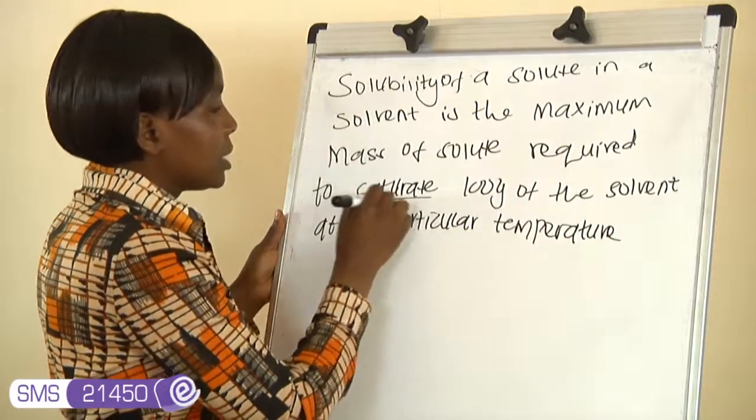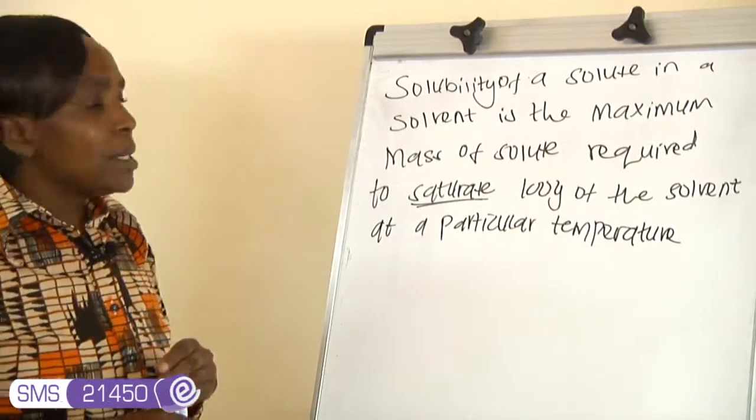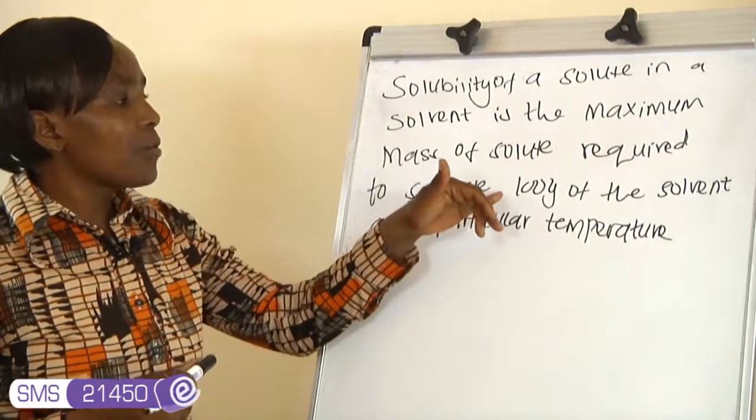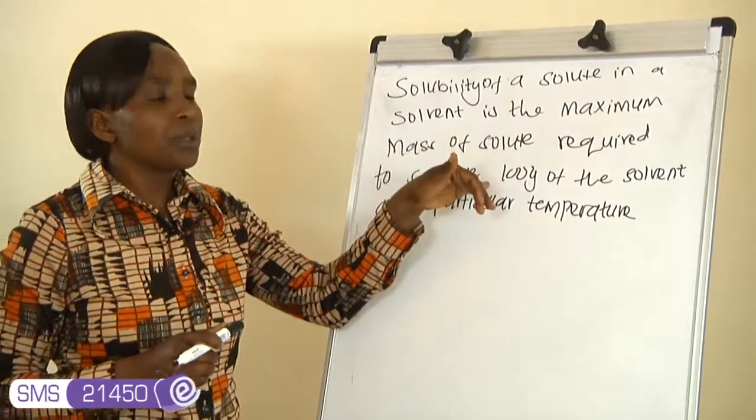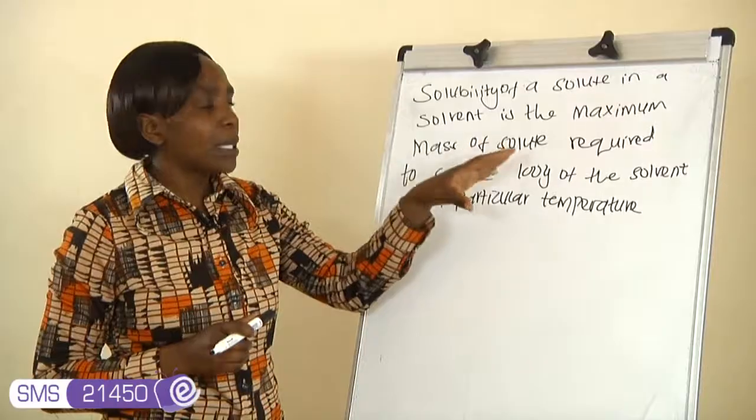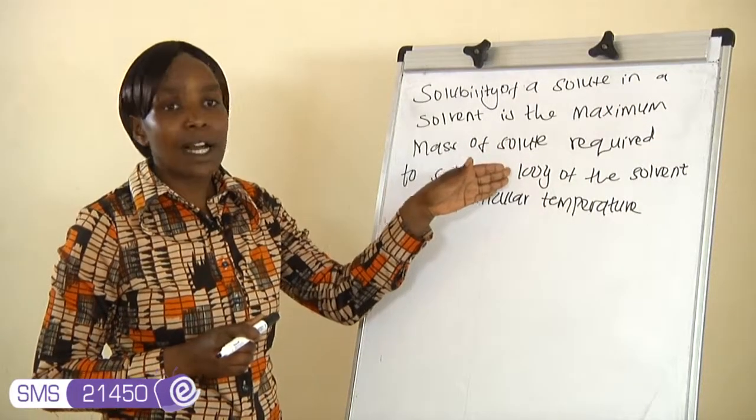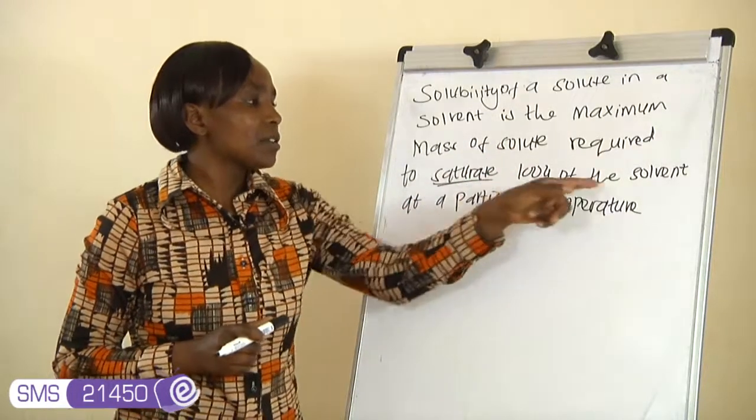Maybe the word I did not explain is saturated, meaning that it cannot dissolve anymore. More solute cannot be dissolved. So when it has become saturated, it cannot dissolve anymore in 100 grams of the solvent at a particular temperature.